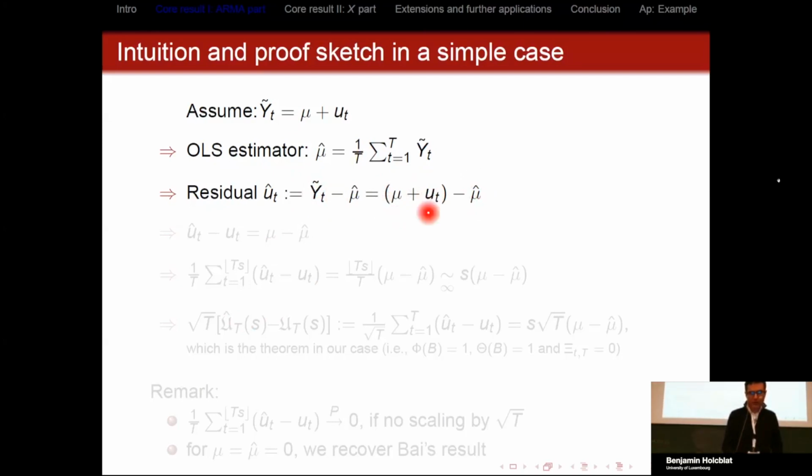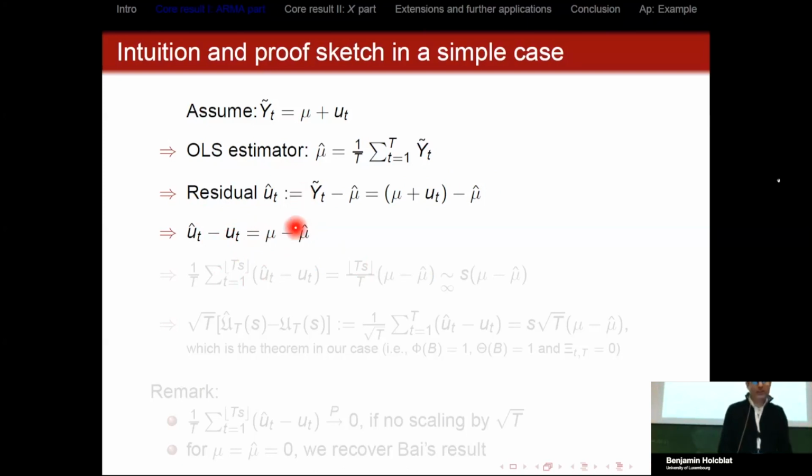Now if you subtract from the residual the actual error term, you get exactly mu minus mu hat. And here you can already see that by the law of large numbers, as long as the law of large numbers holds, the difference between the two will go to 0.